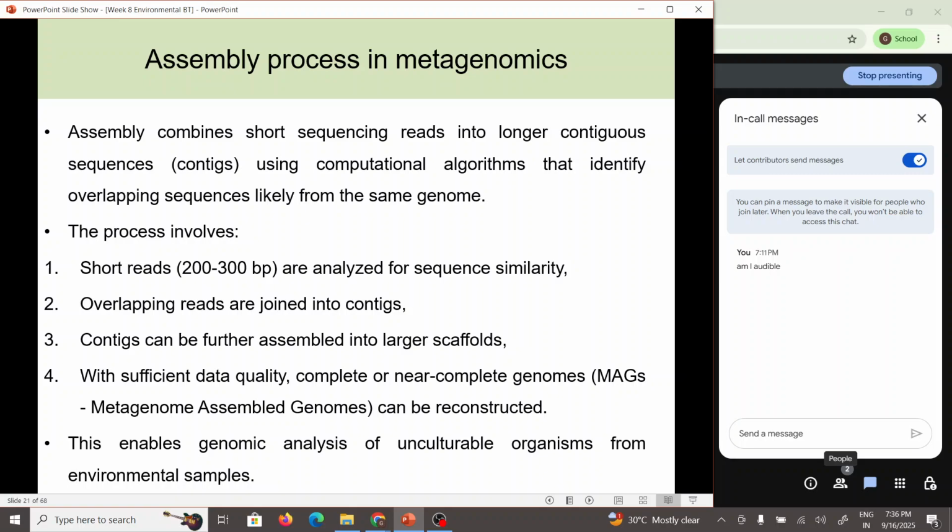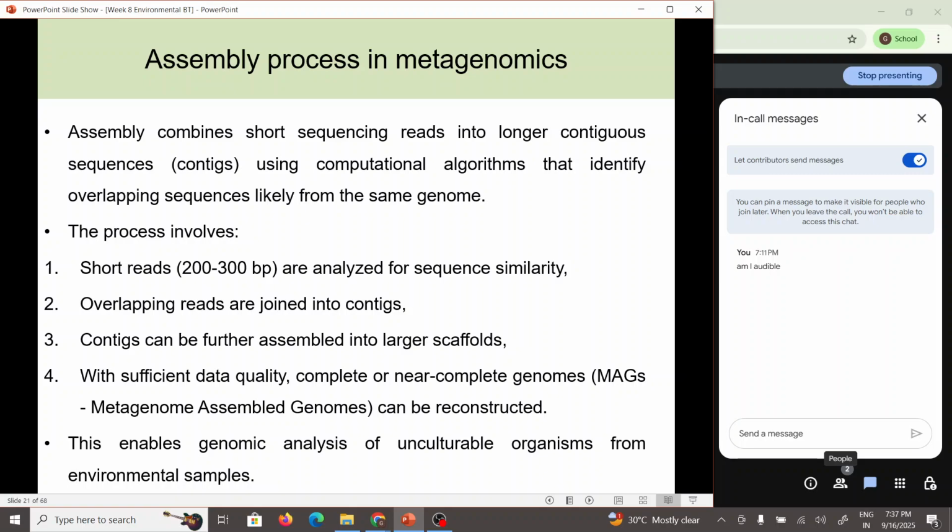Based on the sequence that we have got, we are going to see the similarity and overlapping regions between these fragments, and rejoin them into contigs, and then we are going to assemble the contigs into larger scaffolds, and finally we are going to obtain something called metagenome assembled genomes. So this enables the genomic analysis of unculturable organisms from environmental samples.